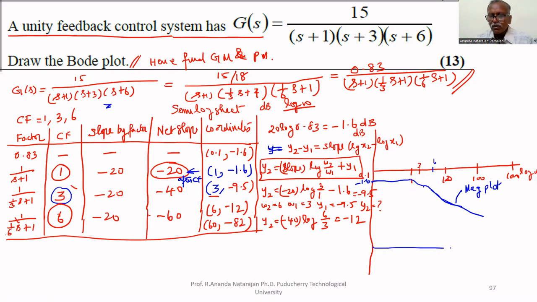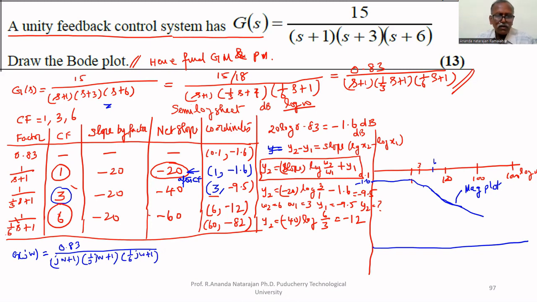Now we have to draw the phase plot. Let us find the angle for these corner frequencies. We have to write the expression for G of j omega equal to 0.83 upon j omega times (1 by 3 j omega plus 1) times (1 by 6 j omega plus 1).